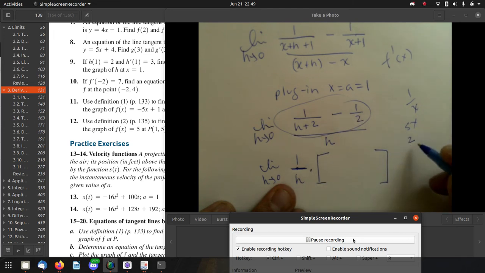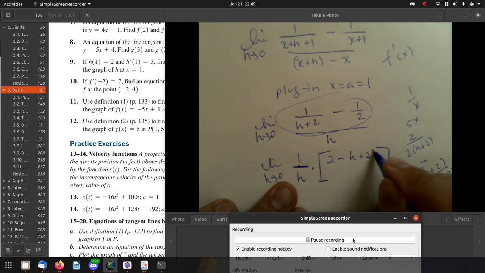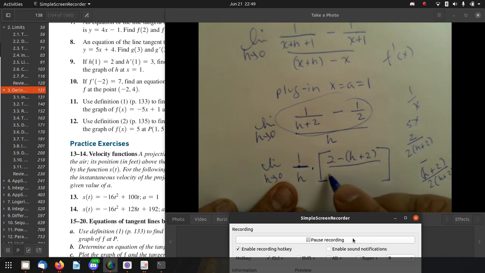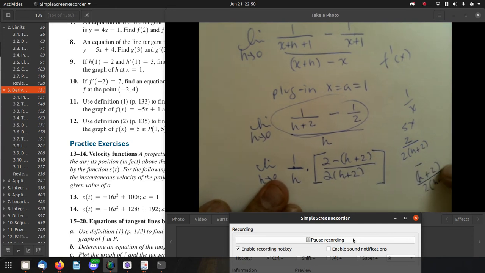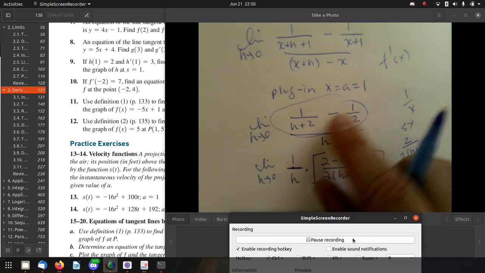So I'm going to have 2 over 2 times h plus 2, minus h plus 2 over 2 times h plus 2. So let's write that out now nicely: 2 minus h plus 2, all over 2 times h plus 2. And this is just heavy-duty algebra 1, adding and subtracting polynomial expressions with different denominators.